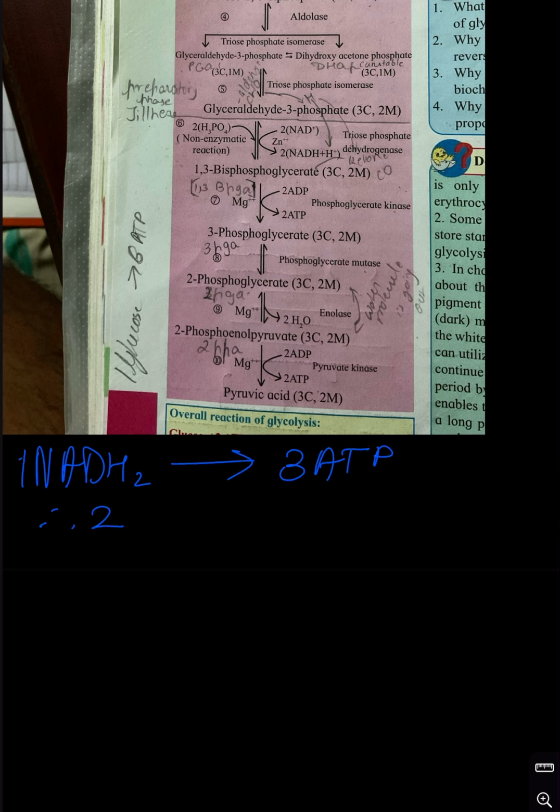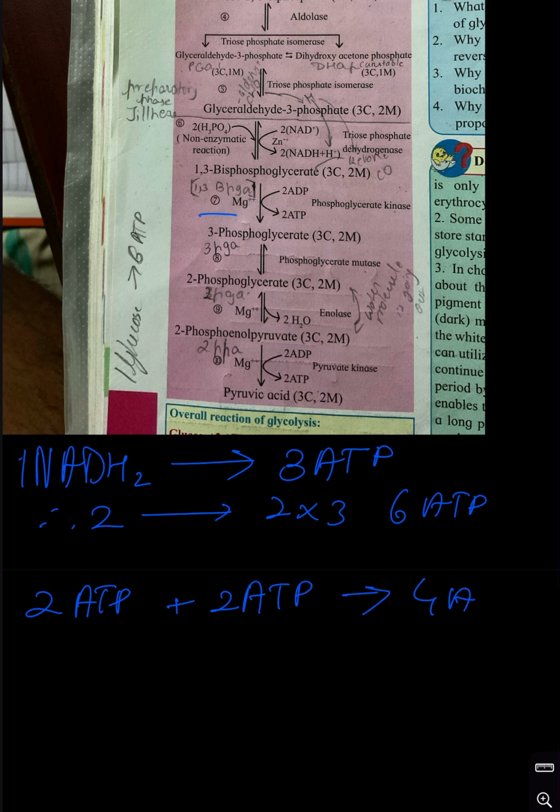Let's do the calculation. 1 NADH gives us 3 ATP, therefore 2 NADH will give us 2 into 3, 6 ATP. And we have got 2 molecules of ATP in the seventh stage, and 2 more in the tenth stage, so that is 4 ATP.